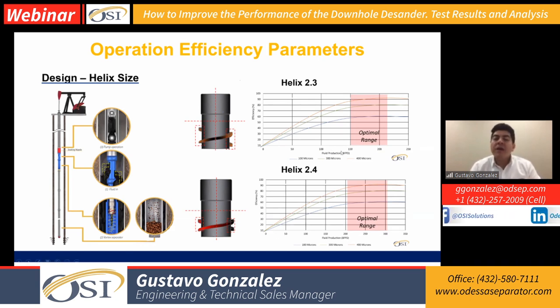And one of the things that we care for as operators is that when we're doing that transition and switching from ESP to rod pump, there is always an opportunity to bring that equipment back and readdress whatever is needed. Most of the time it's just the helix that needs to be changed or resized based on the target that we now plan to have in this particular case.